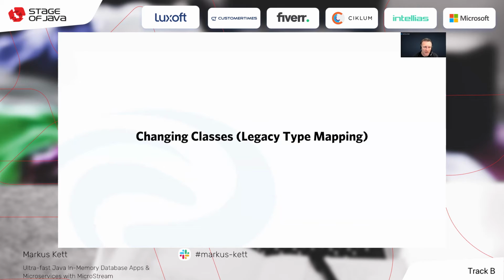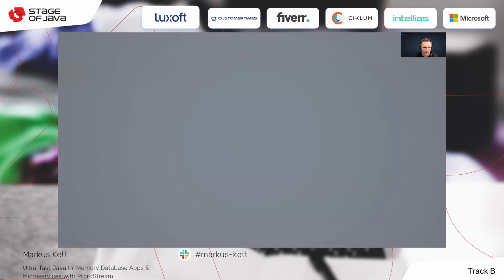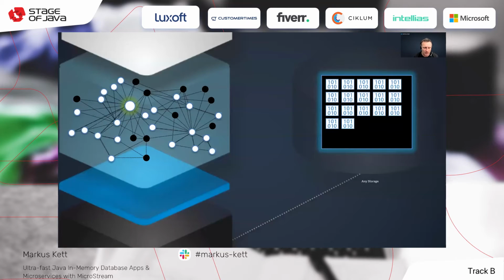What if my classes change? And we do that all the time, right? So if we change our classes, then MicroStream recognizes automatically that the class has changed, and MicroStream will handle these changes automatically in terms of primitive types.